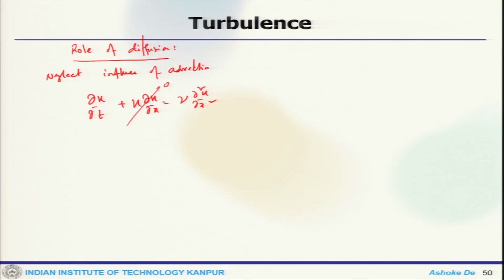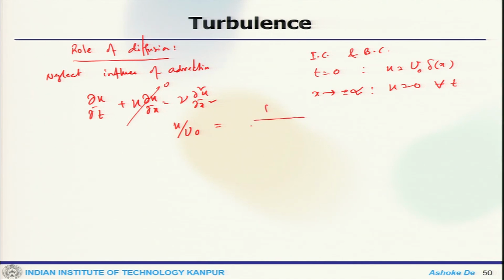So, this term is omitted, and my initial and boundary conditions are: at t equals 0, u equals u naught delta of x, and u tends to 0 as x tends to infinity for all t. So, my solution will look like u equals 1 by root of 2 pi t, u naught square by nu, exponential of minus x square by 4 nu t.